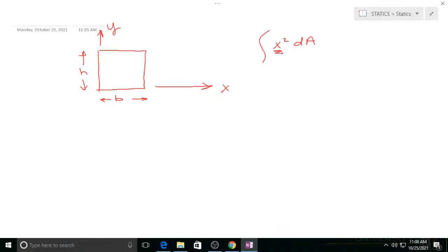Since I have X in there, it's best to break this into somehow that has a dx, which means that. Now I'm going to mimic what he does in the book first, and then I'm going to show a different way of doing it.